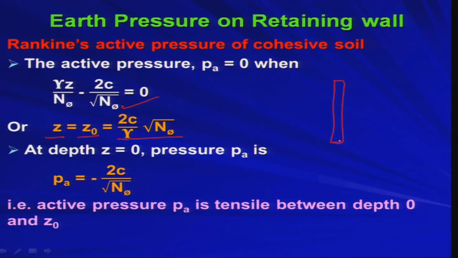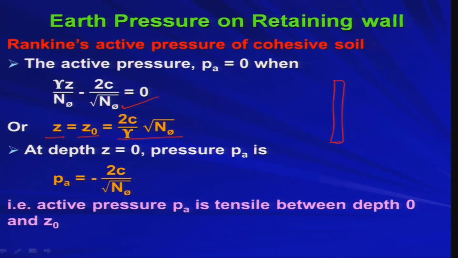So if you have the wall like this, at z equal to 0 it is not becoming 0. Earlier, in the case of cohesionless soil, the lateral earth pressure, whether active or passive, became 0 at the top of the wall when z equal to 0. But here, when you consider the cohesion of the soil, you can't simply say that if z becomes 0, the pressure also becomes 0.